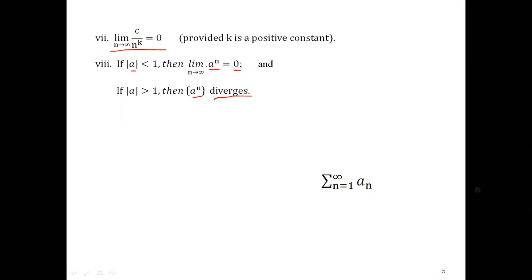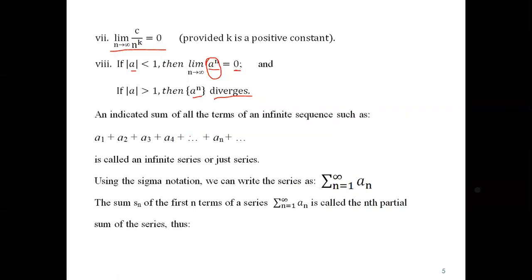So this diverges when the magnitude of a is greater than 1. Okay. So meanwhile, we know that the n here is approaching infinity, the one on the superscript part. Okay. So let's move now.